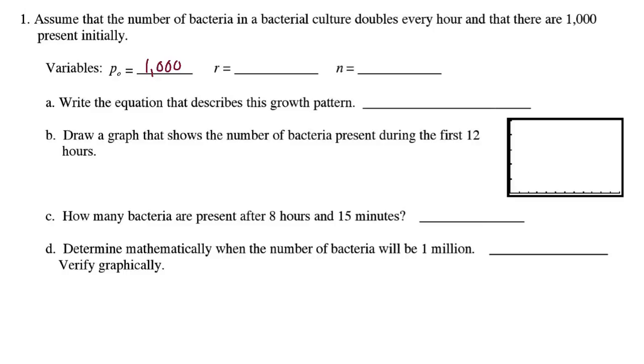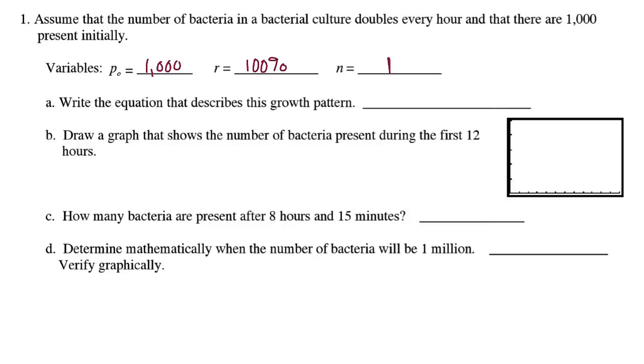And our rate, it is doubling every hour. So that's going to be 100% since it's doubling every hour. And so it's changing 100%. And then our N, remember, is the number of time periods it takes for this particular rate to occur. And so the number is saying that it doubles every hour, so one time period. Okay, so there's our variables.